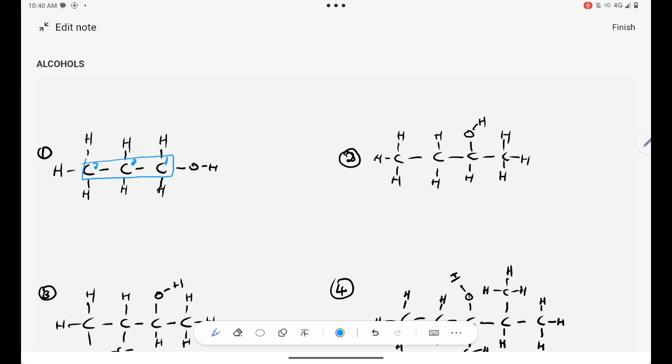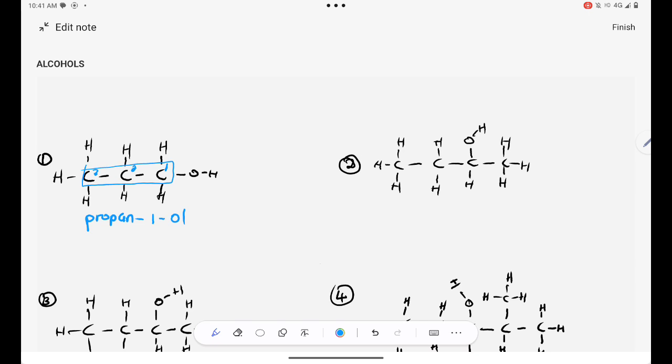Since my parent chain has 3 carbons, I'm dealing with propane, and then I need to state at which carbon my functional group is located. My functional group is located at carbon number 1, so I'll simply write 1-ol. Are you together? The IUPAC name of this compound will simply be propan-1-ol.